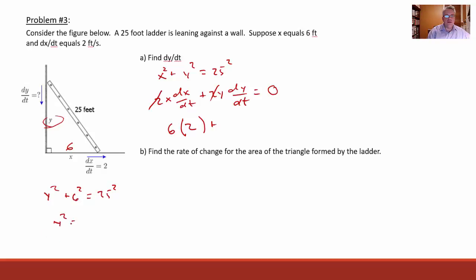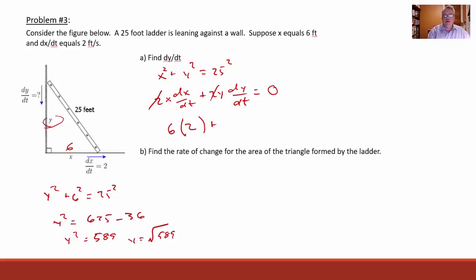So y squared is, well, that's 625 minus 36, which is 589. So y is the square root of 589, which is probably some ugly number.